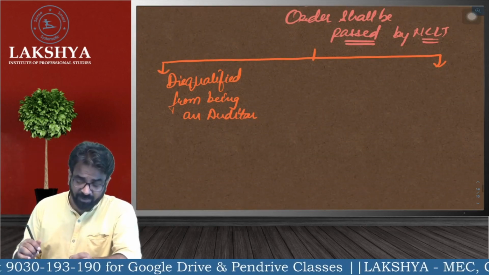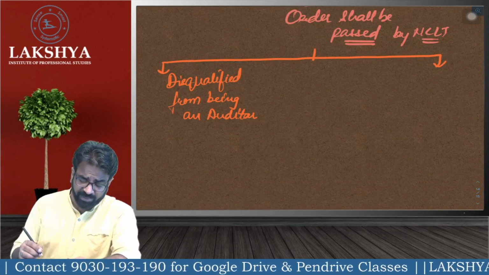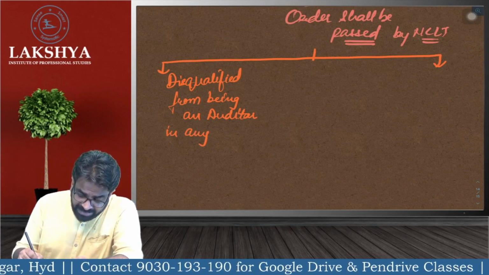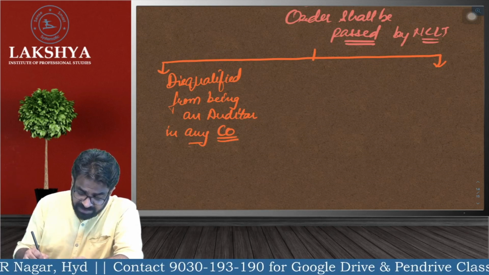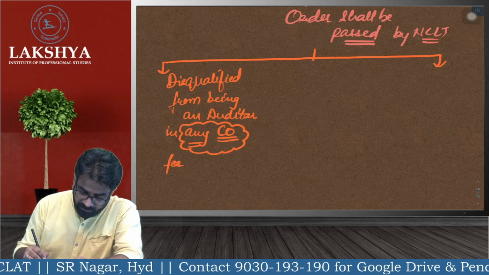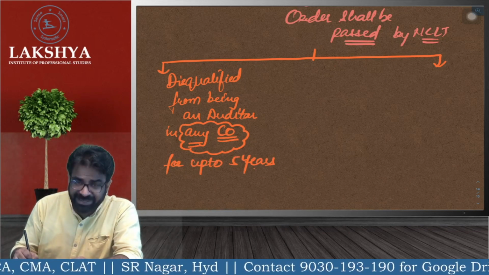Disqualified. Now that particular auditor, or the auditor's firm, is disqualified from being an auditor in any company. In which company? Any company, for up to 5 years. Up to how many years?